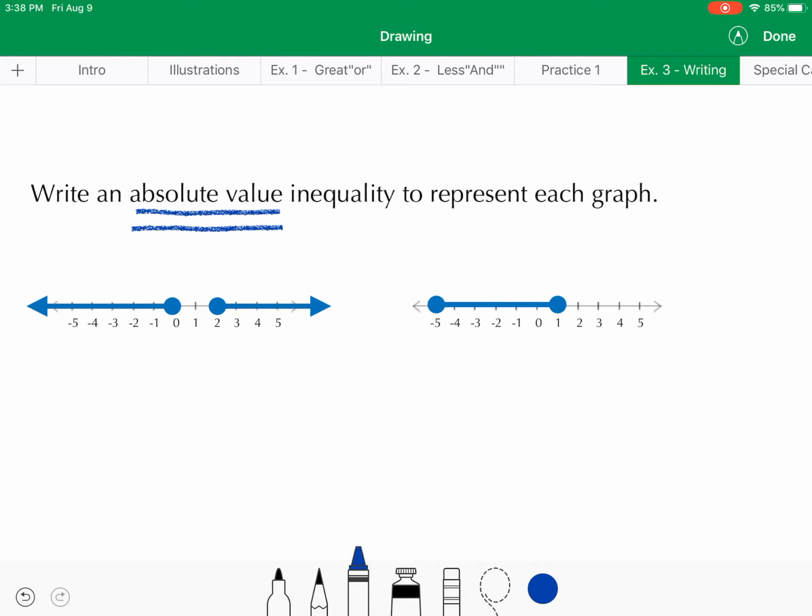This is where I think the applet illustrations really come into play. There's two things we need to consider to write these inequalities. We need to know where the center's at, as well as the distance from the center to the endpoints. Distance to endpoints.